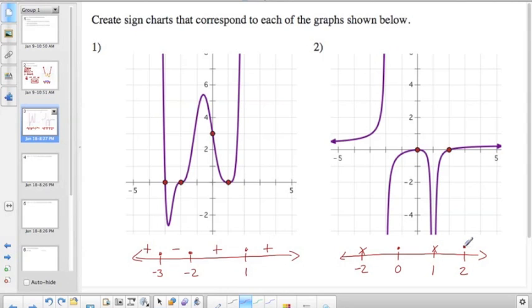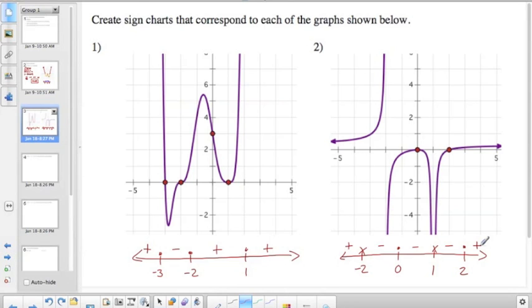And I can see that the graph is positive to the left of negative 2. It's negative in that region. It's also negative in that region. It's negative again in that region. And then it is positive. And so if I asked, where is this graph less than 0, it would basically look like this.